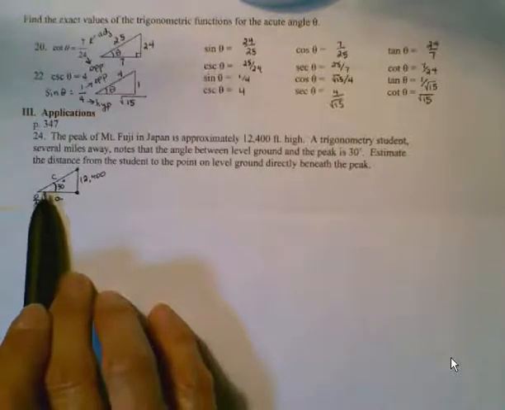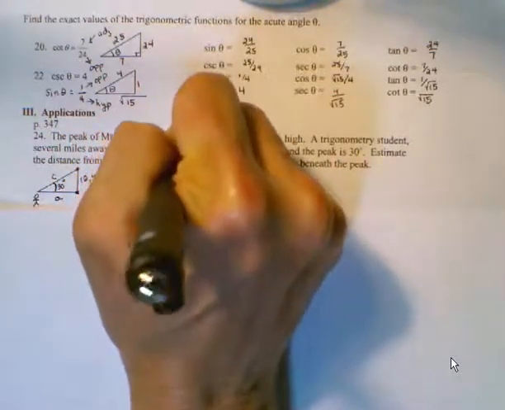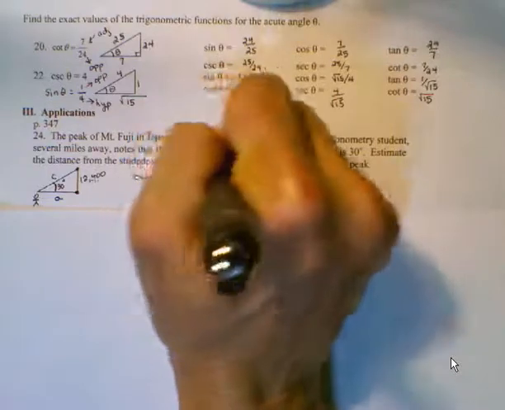Which trig function involves opposite and adjacent? That would be tangent. So tangent 30 degrees is 12,400 over A.